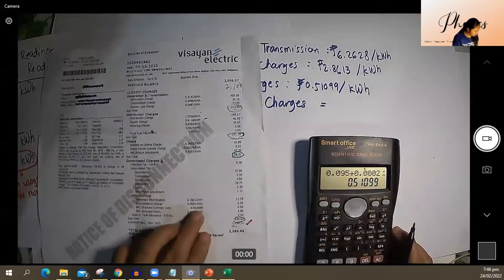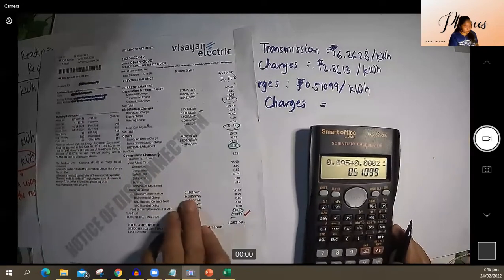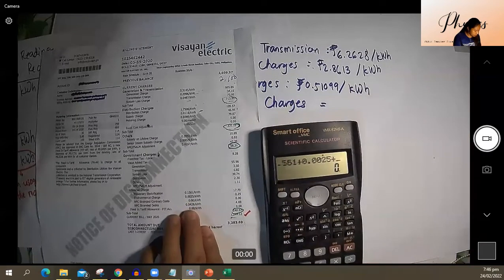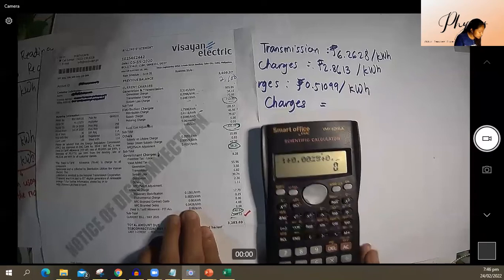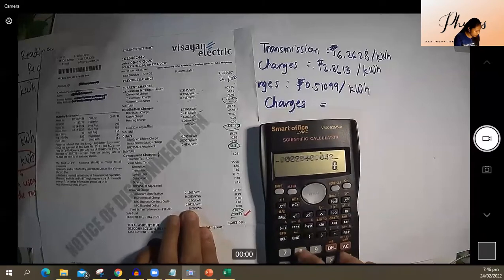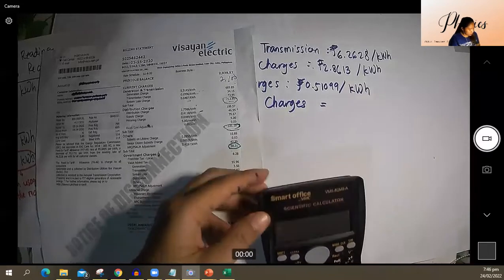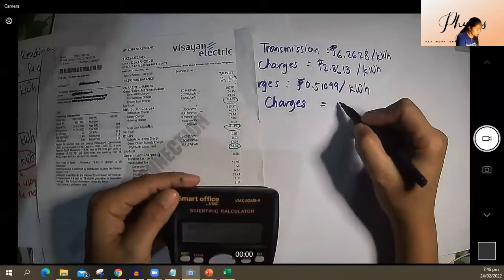Government charges, we have here 0.1561 plus 0.0025 plus 0.0428, and so we get 0.2014.